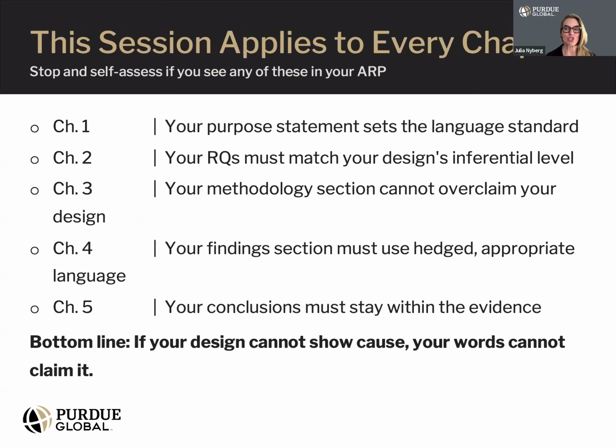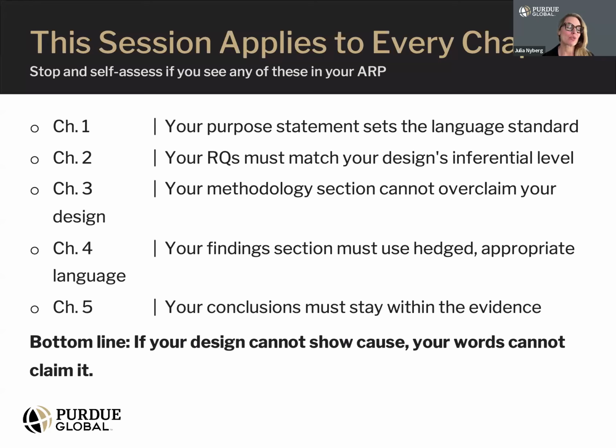This applies to every single chapter of the applied research project. Take a moment right now to stop and self-assess to see if you see any of these issues in your applied research project. This often starts in chapter 1, believe it or not.